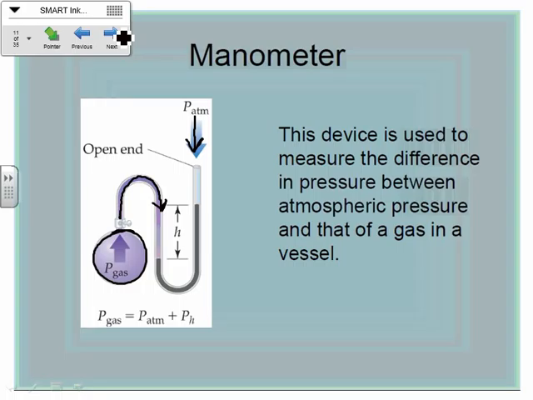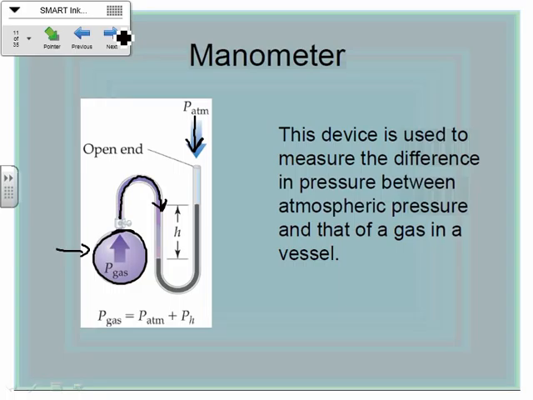So there's kind of a fight here between the gas in this bulb and the gases in the atmosphere, okay? And you can actually measure the pressure of the gas that's inside this bulb based on the difference in the heights of the columns, okay?